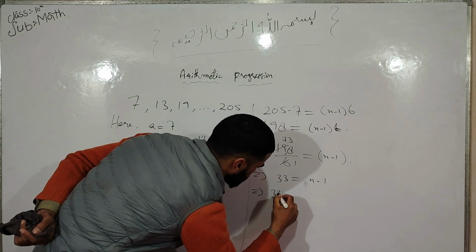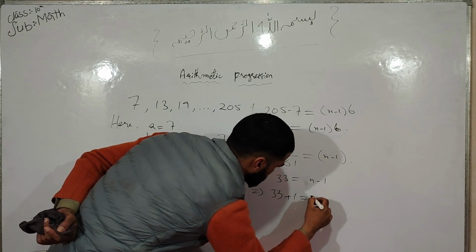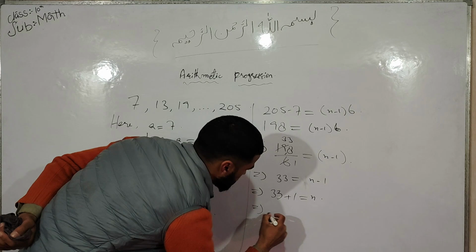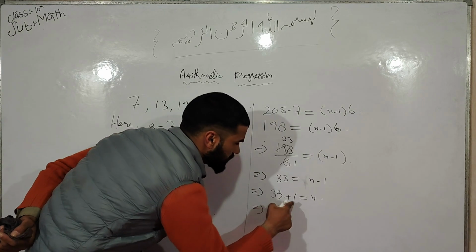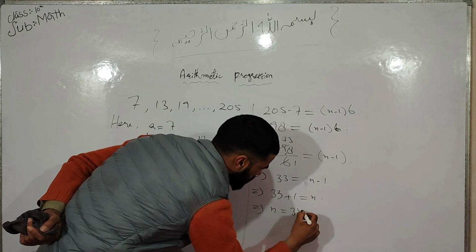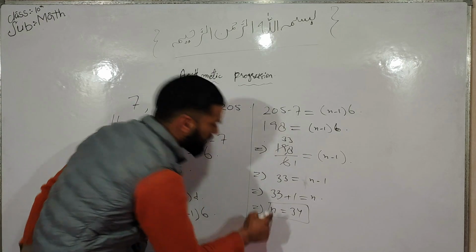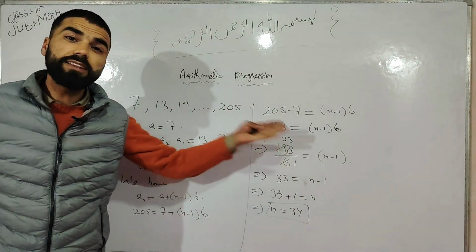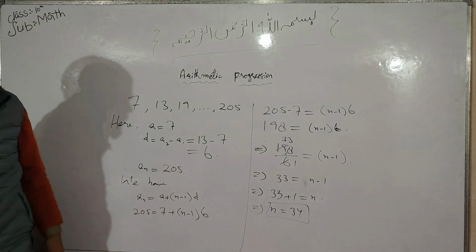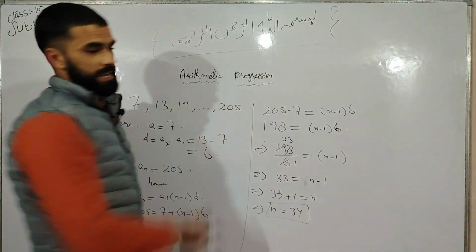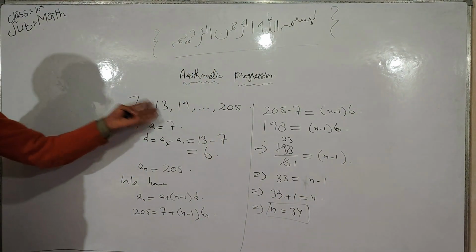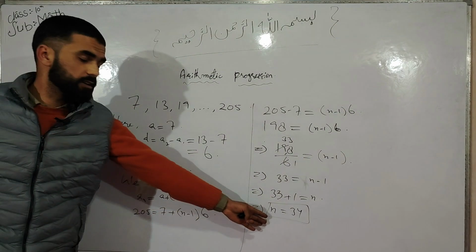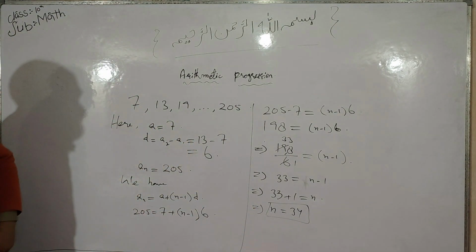So this is 33 plus 1, and this is equal to n. This implies n is 33 plus 1, that will be 34. n is 34. What was this n? n was the number of terms in the following AP. So this AP has 34 terms because n is here 34.